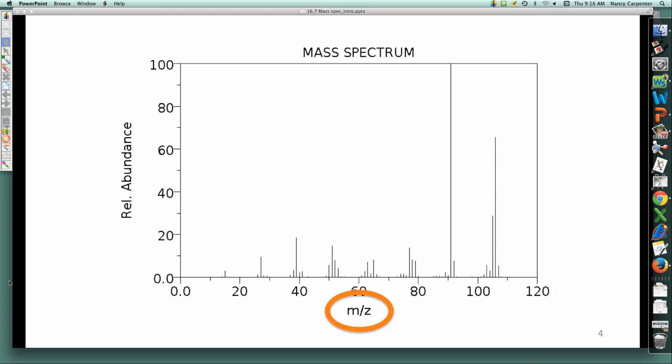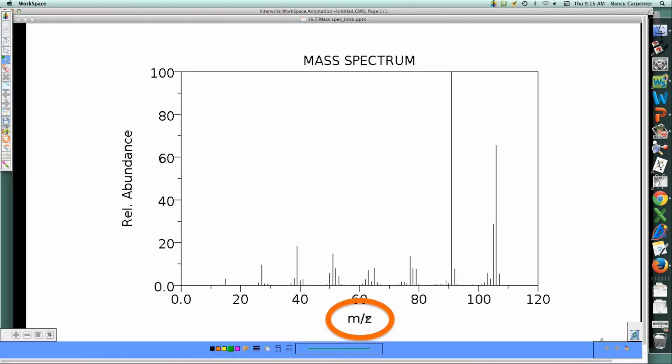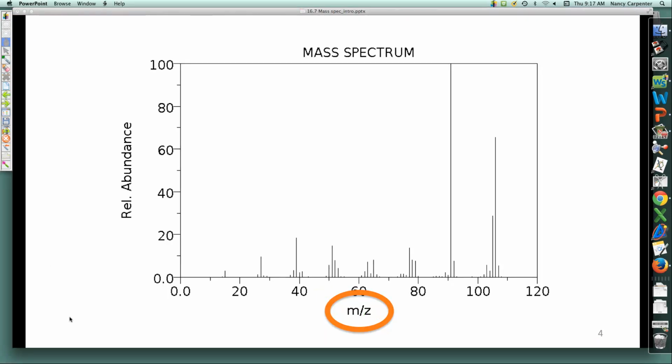So you can pretty much just x out that and read the mass directly from the x-axis. So all these signals are pointing out masses; for example, this one right here has a mass of 50 atomic mass units.